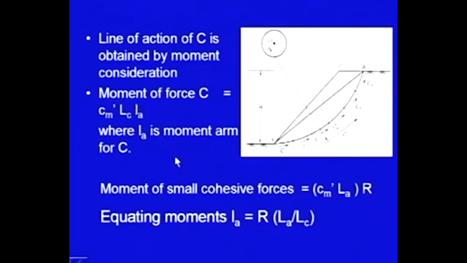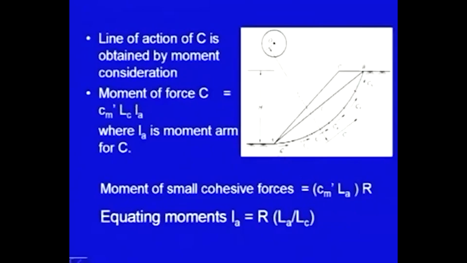Now, this moment should be equal to the moment of the small cohesive components which we took last time. If I take these components C1, C2, C3 and so on up to Cn, then all these forces are acting perpendicular to the radial vector and their lever arm will be equal to the radius of this particular trial circle. So, the moment of the small cohesive forces will be equal to Cm' into La.